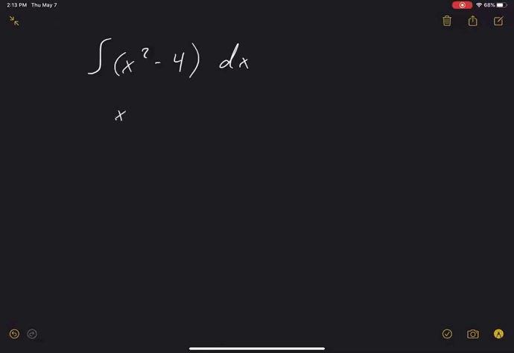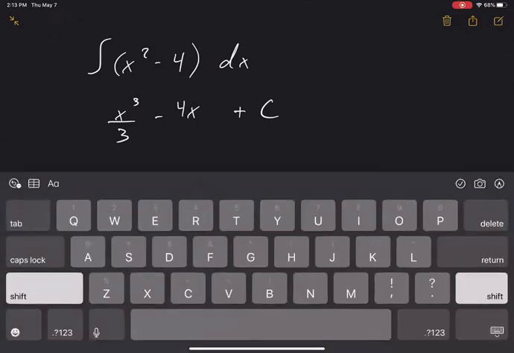Well, let's see, if I have x squared, the antiderivative of that should be x cubed over 3. And then if I have a constant, the antiderivative of that, I'm just going to multiply by x. And then there would be a plus c, right? So if all I needed was an indefinite integral, I would have a plus c on the end. But now let's see what happens when I plug in.